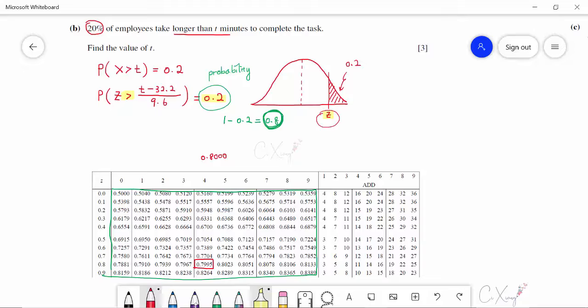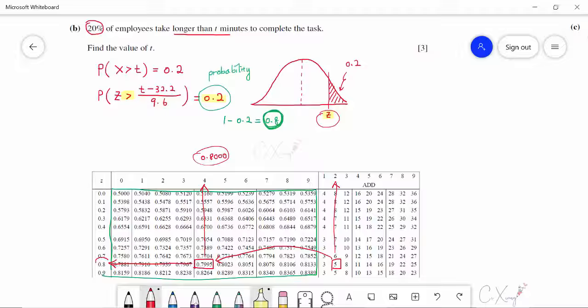For 0.7995, you get the exact value 0.84. But you need to add a 5 to 0.7995 at the last digit to get the 0.8. When you add the 5, you read back the value, and it should be 2.